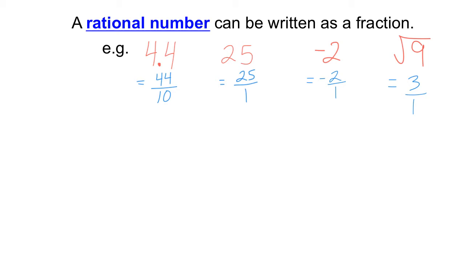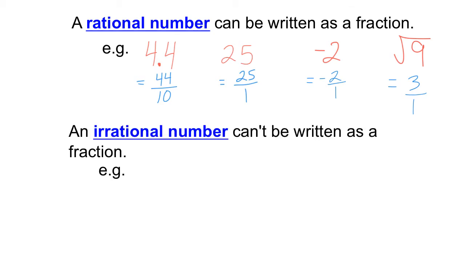So where does the word rational come from? Well, the root of the word is ratio. So a ratio is a fraction. So that's where the word rational comes from when we're talking about numbers. Now, on the flip side of that, an irrational number can't be written as a fraction.